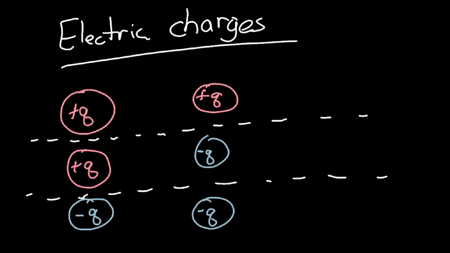And the sign on that charge, the type of charge that we're dealing with, determines whether we get an attractive force, which happens when we have opposite charges, or a repulsive force, which happens when we have like charges. So two negatives will repulse each other, two positives will repulse each other, a negative and a positive will attract each other.